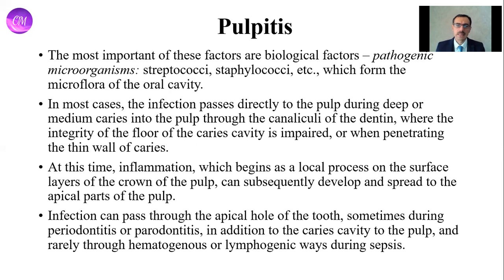Infection can pass through the apical hole of the tooth, sometimes during periodontitis or parodontitis, in addition to the caries cavity, to the pulp, and through hematogenic or lymphogenic routes during sepsis.